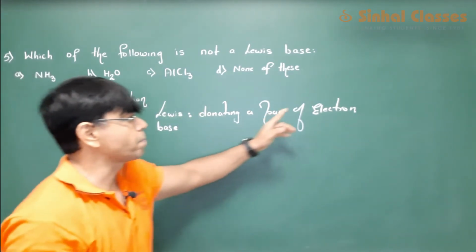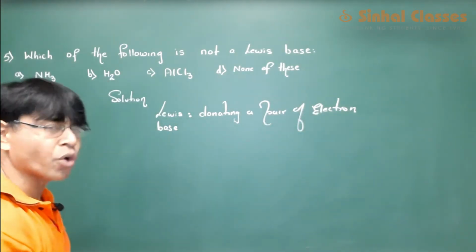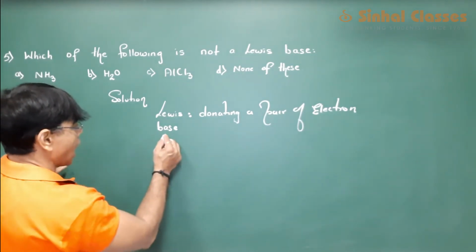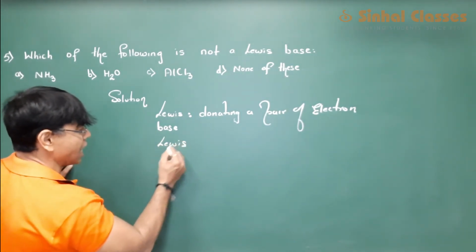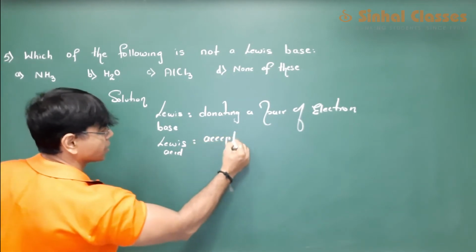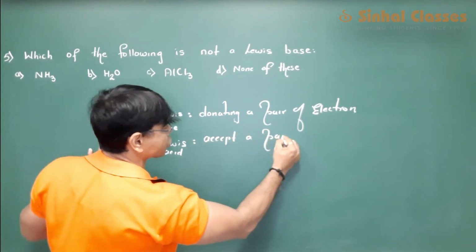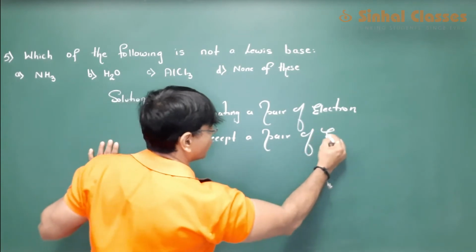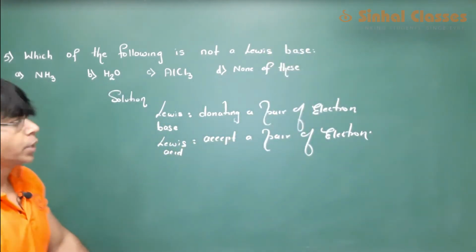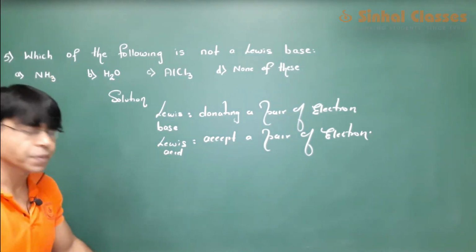The one who donates a pair of electrons to form a coordinate bond is called a Lewis base. And a Lewis acid accepts a pair of electrons to form a coordinate bond. So let us take one by one.